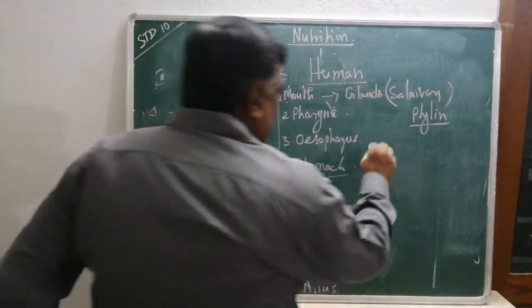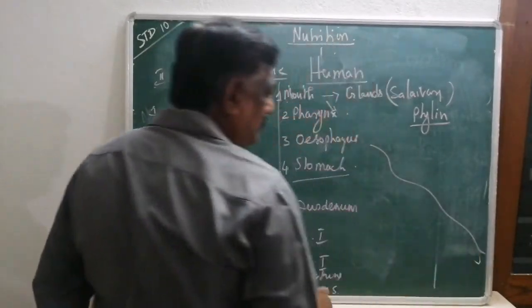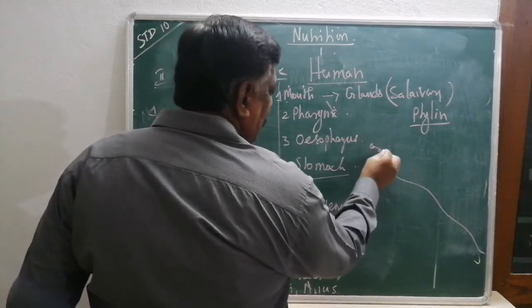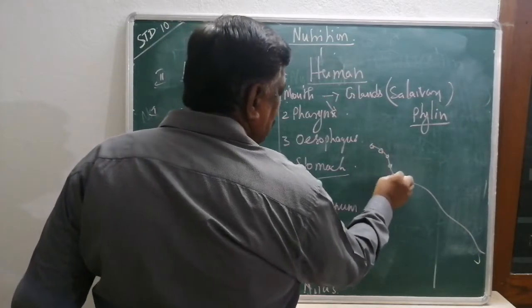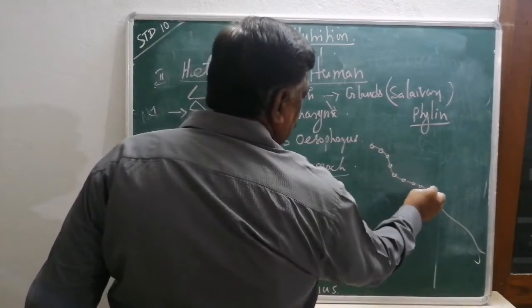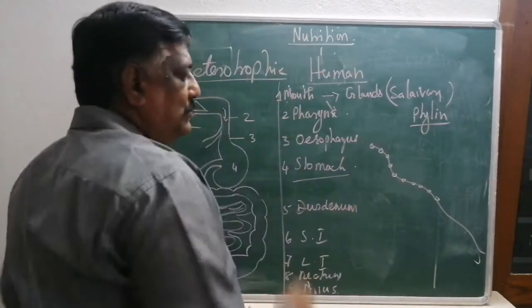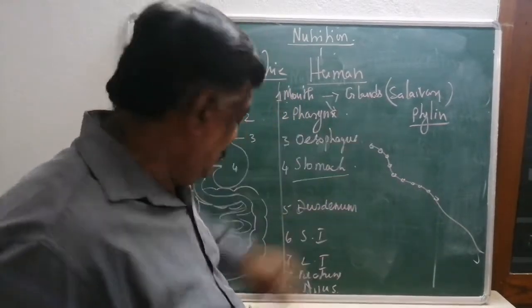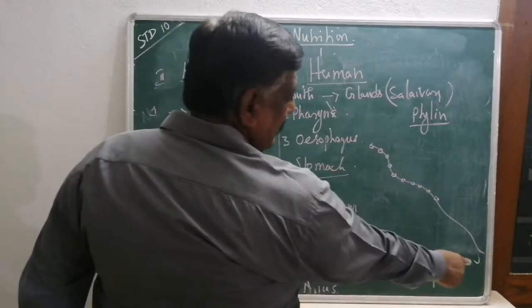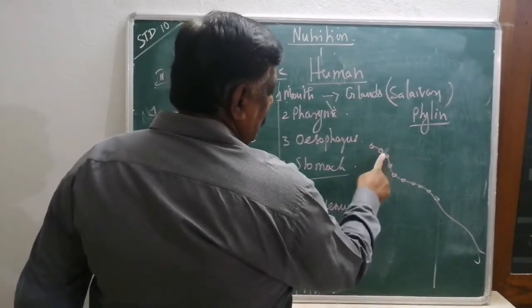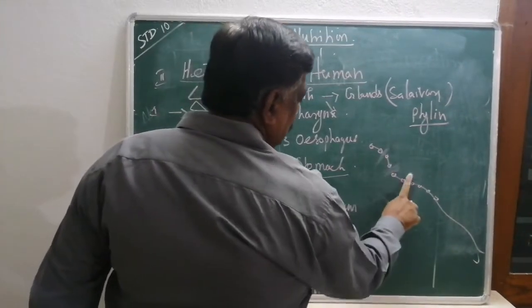So if it is a polysaccharide, imagine, suppose these are compounds, each one a compound. Now we consume the food like this. Now the food is broken like this.